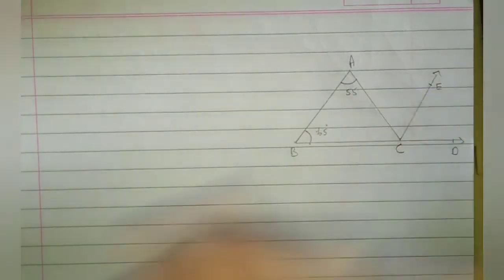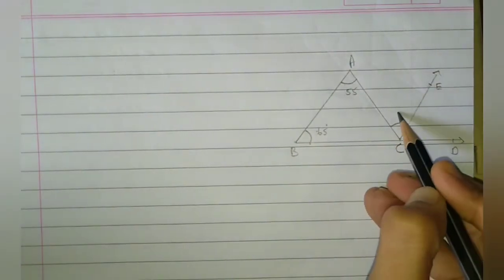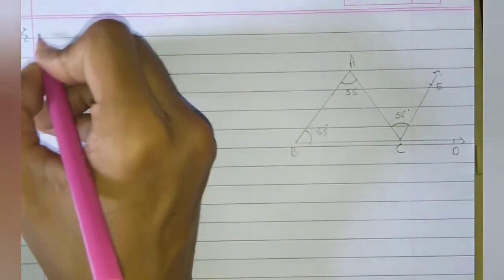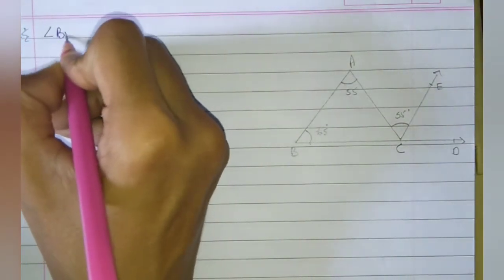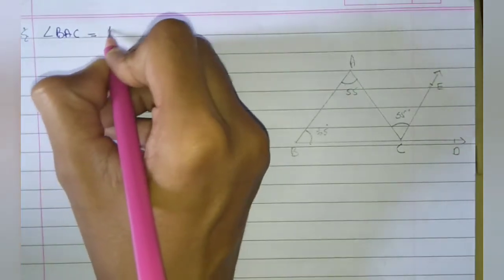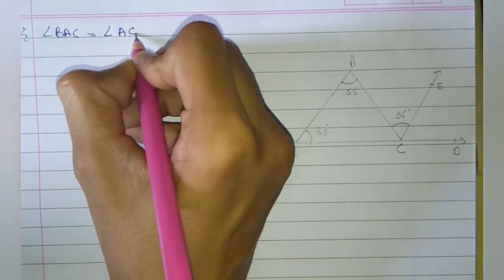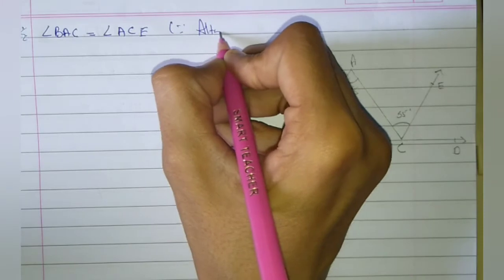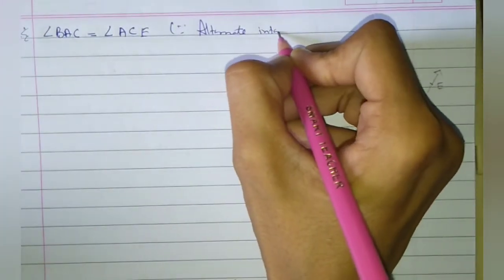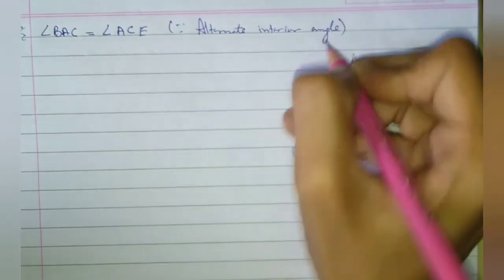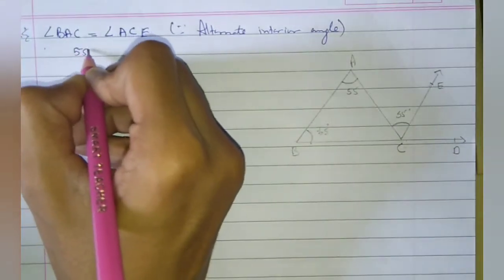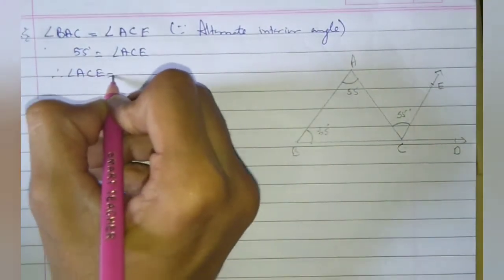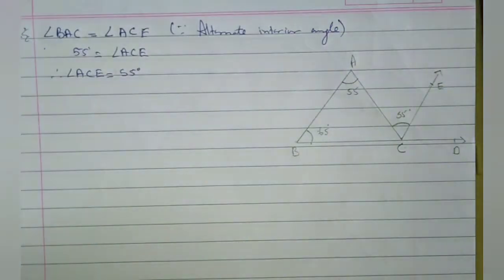Now if this is 55, so we can write this is also 55 because of alternate interior angle. So angle BAC equal to angle ACE. Why? Because alternate interior angle. Therefore angle ACE equal to 55 degree.